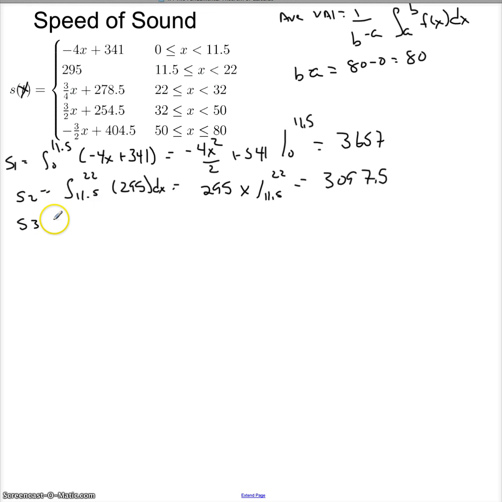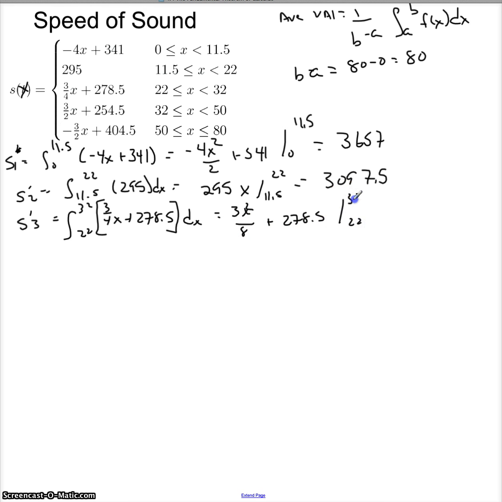S3 is the integral from 22 to 32 of 3/4 x plus 278.5 dx. So that's 3x squared divided by 8 plus 278.5x evaluated at 22 and 32.